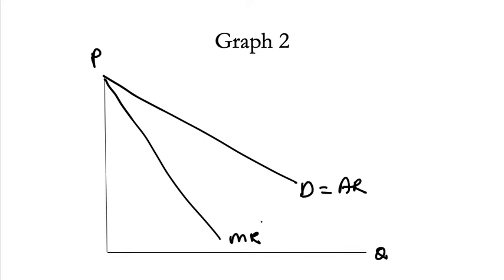Now, before we talk about the first degree price discrimination, I want to show you the single price charged by a monopoly. And of course, you know what it is. In order to do this, we need to have MC. So, single price.